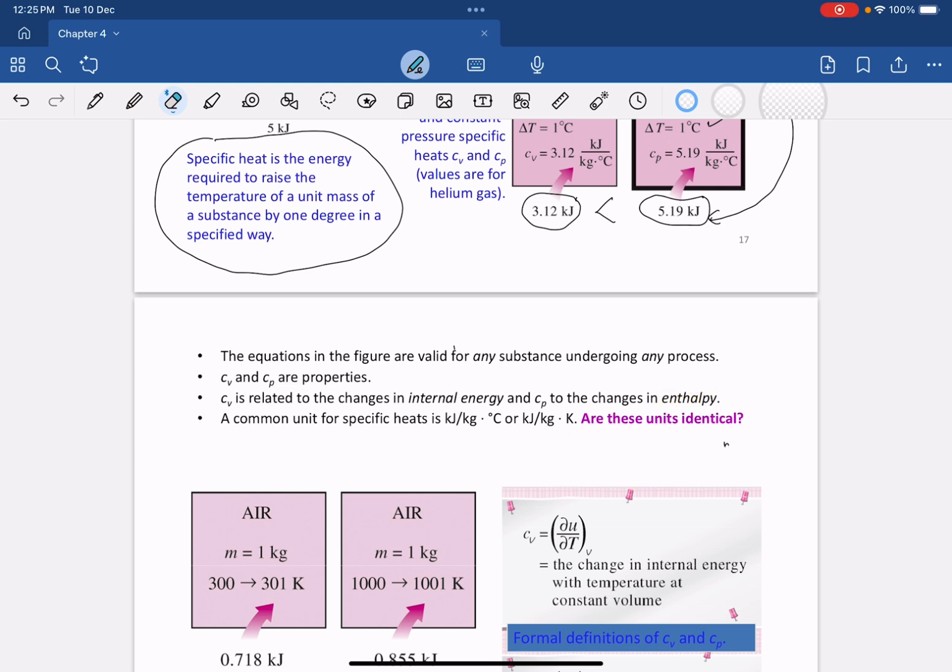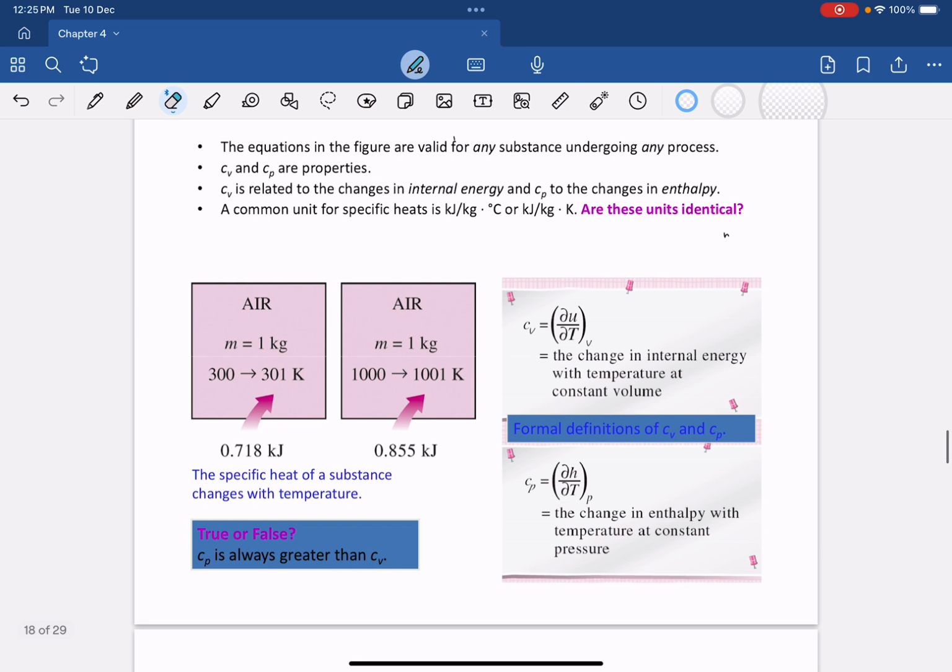This is where this relation comes from, where Cv is the change in internal energy with the temperature at constant volume, and Cp is the change in enthalpy with the temperature at constant pressure. So this is what we call properties relation.